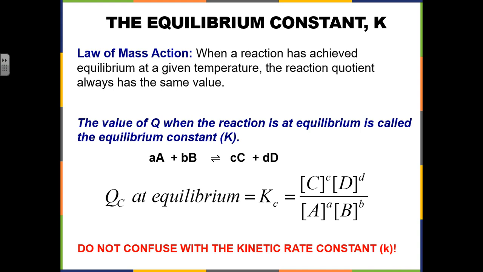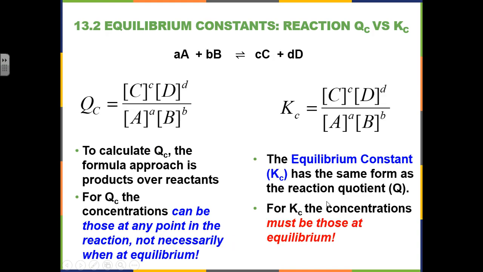The QC is not necessarily at equilibrium, but when the QC does reach equilibrium, it becomes the KC. Now, you do not want to confuse this with the kinetic rate constant, but it does help us understand that the equilibrium constant and the reaction quotient are only different in the sense that the equilibrium constant only represents that ratio of products over reactants at equilibrium.